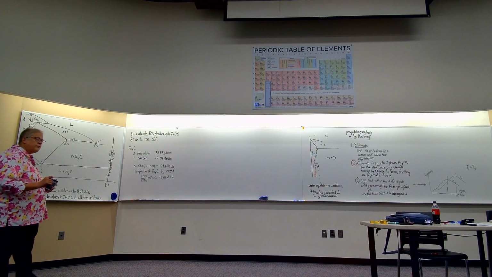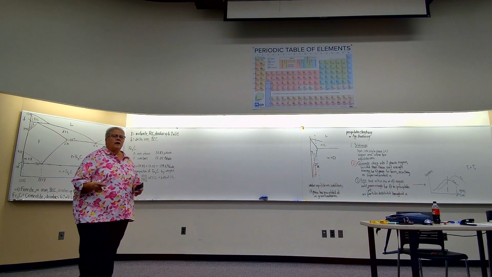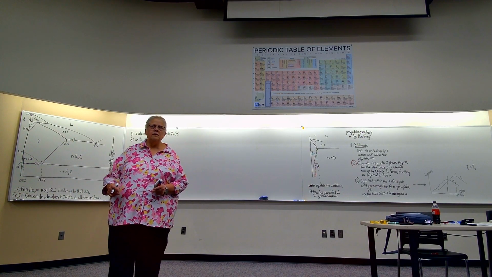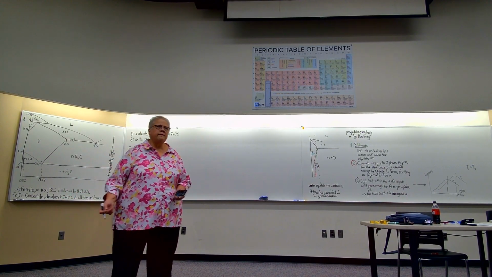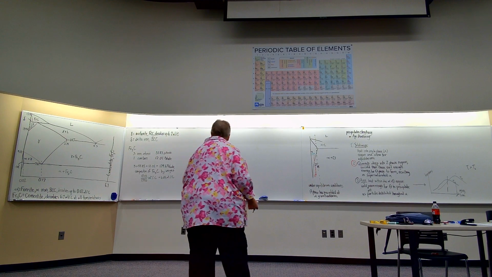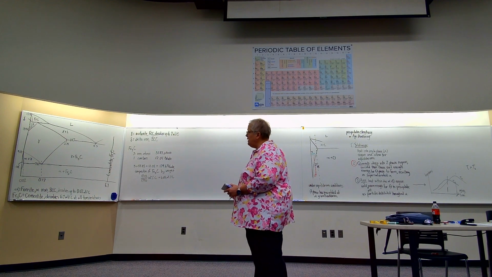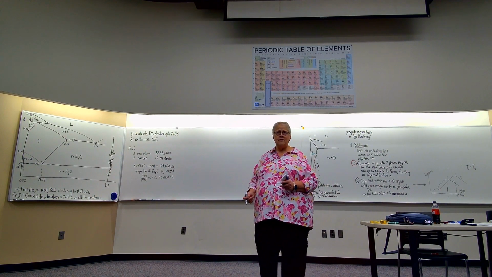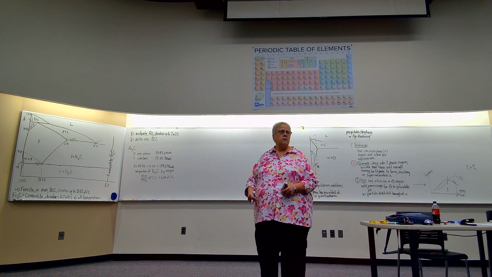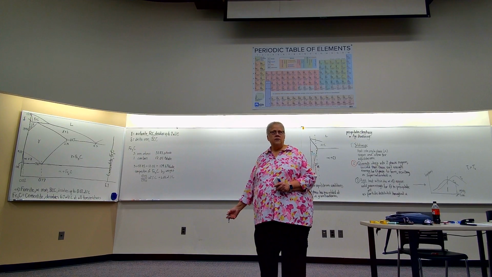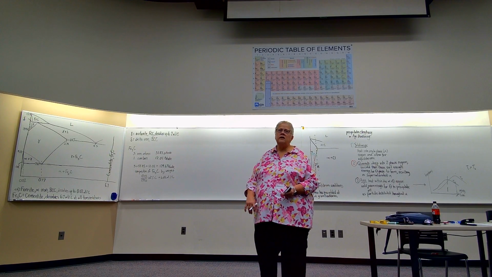If I had a piece of pure iron at room temperature, it would be alpha iron. If I heated that alpha iron up until I got to 912C, it would change from alpha iron to gamma iron. It would change from ferrite to austenite.